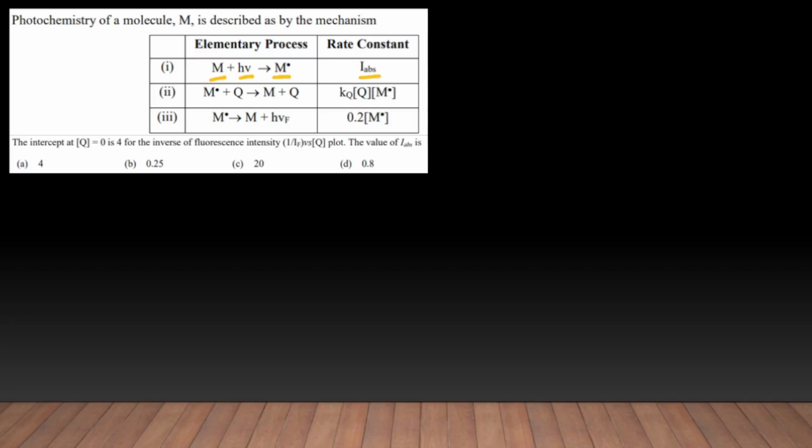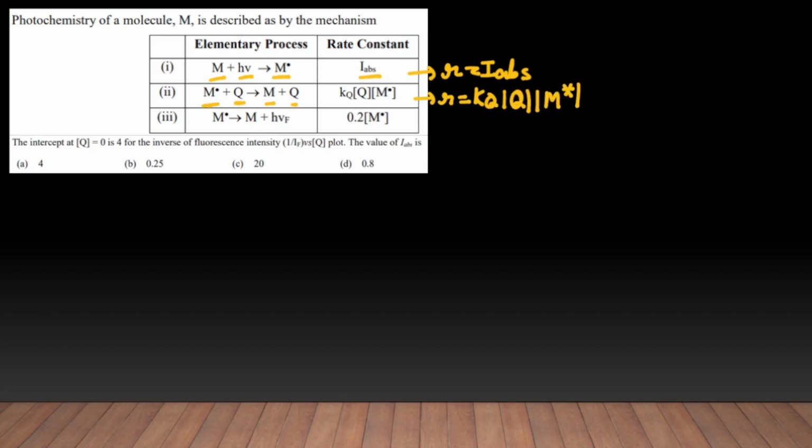The rate for this is given as I absorbed. Next, this excited molecule, by transferring its energy to the Q molecule, becomes M plus Q. The rate expression for this will be kQ into Q into M star.